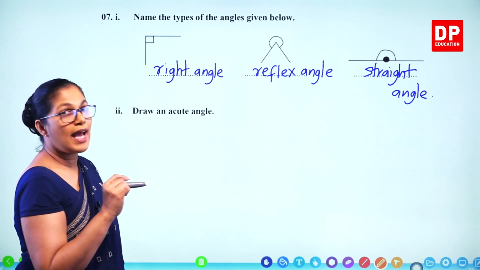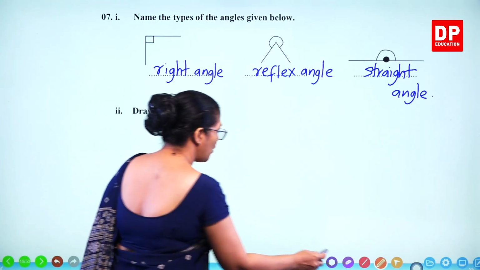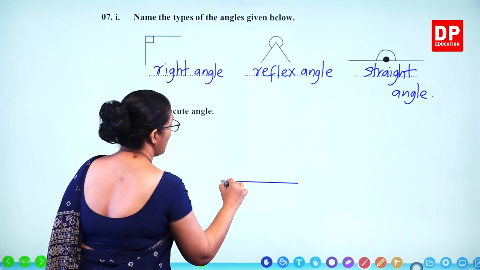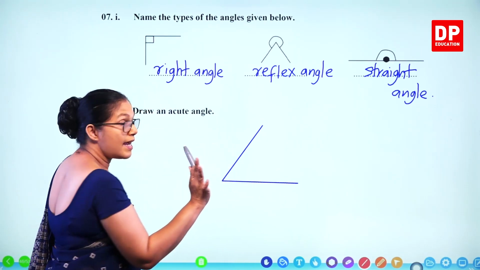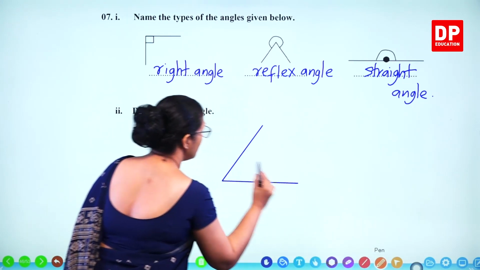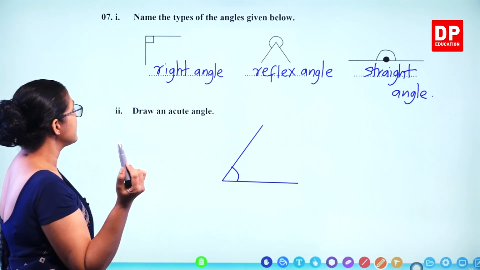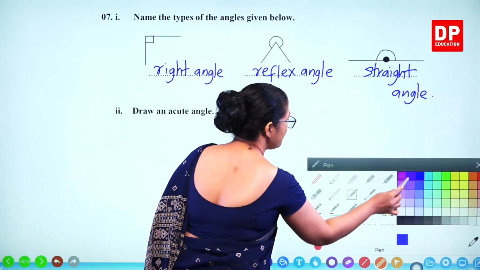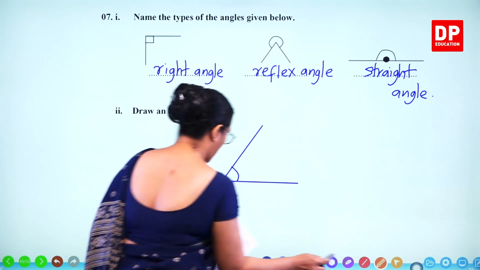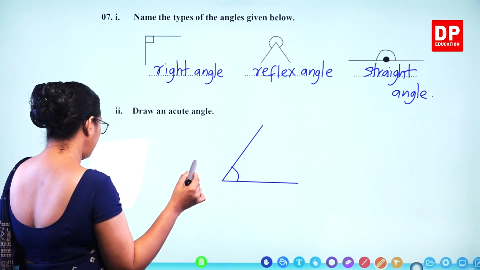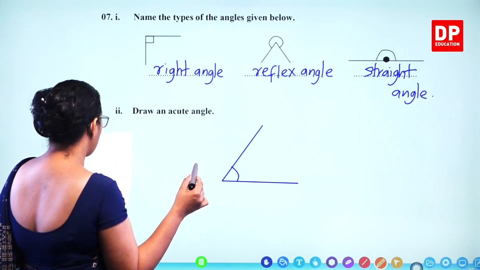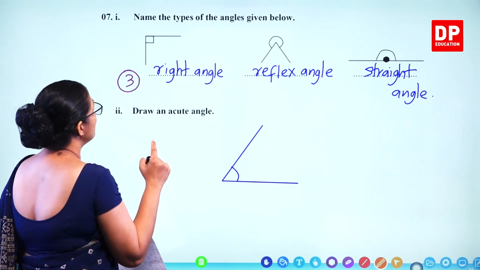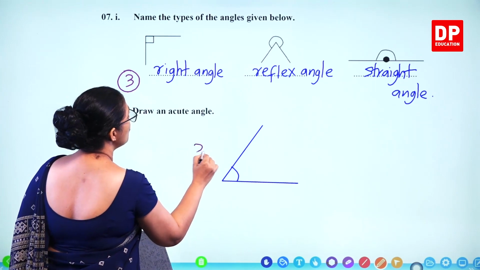Draw an acute angle. So you are asked to draw an acute angle. So you can just draw any angle less than 90. So any angle that you like, that's an acute angle. So how many marks for this one? So you get 3 marks, 1 mark each. And drawing an acute angle, 2 marks.